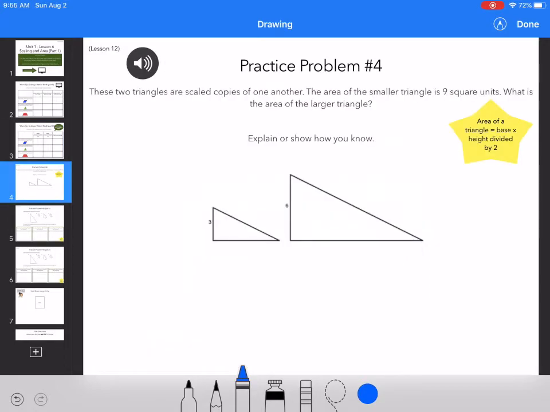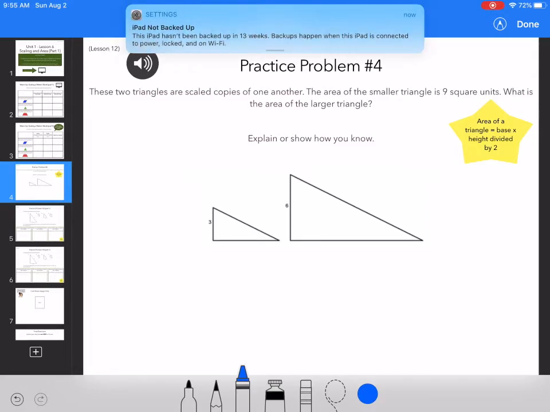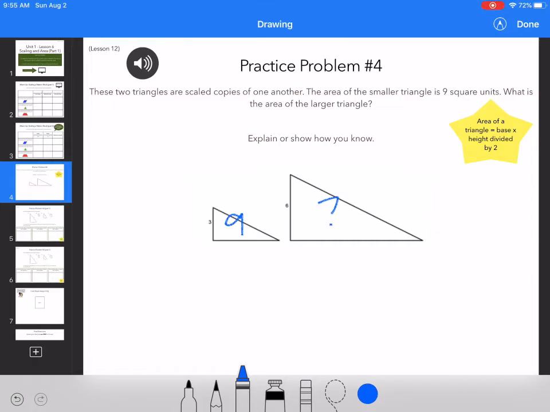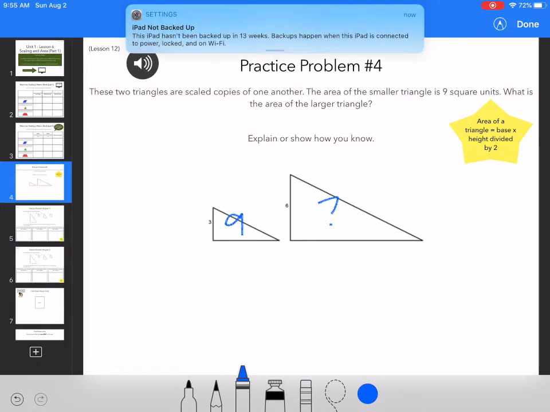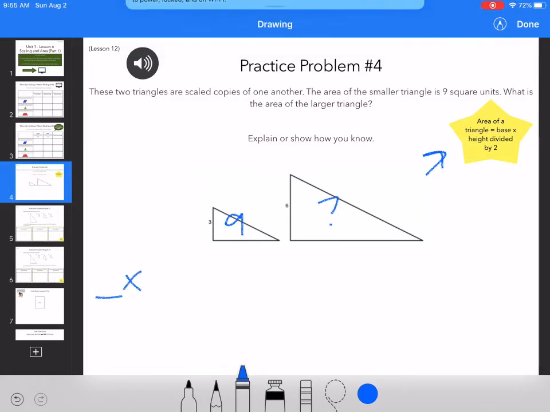Practice problem 4. These two triangles are scaled copies of one another. The area of the smaller triangle is 9 square units. What is the area of the larger triangle? Now I want to remind you that when we're talking about area, we have base times height divided by 2. So we don't know the base. We know the height is 3. We know we have to divide by 2, and we know our answer is 9.